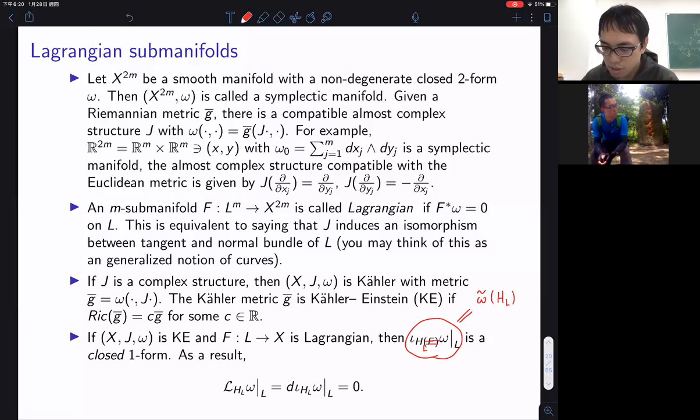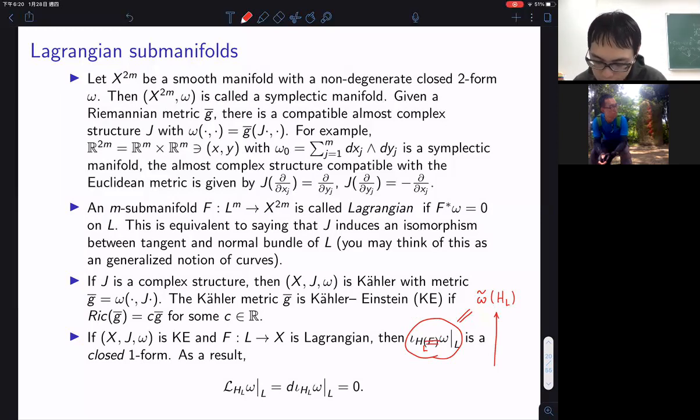So actually, given any normal vector field, you can always apply this operation to obtain a one-form. Because the mean curvature vector is special, we will give this one-form a name.